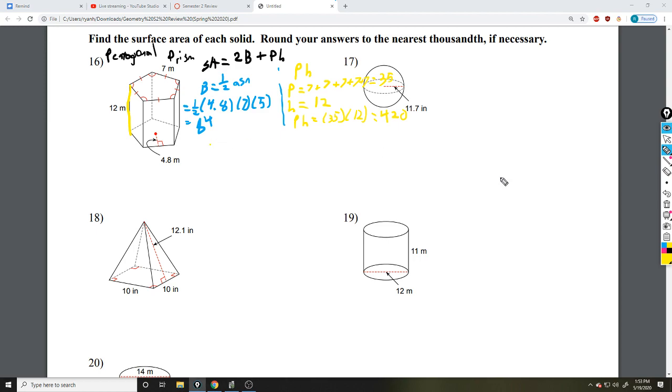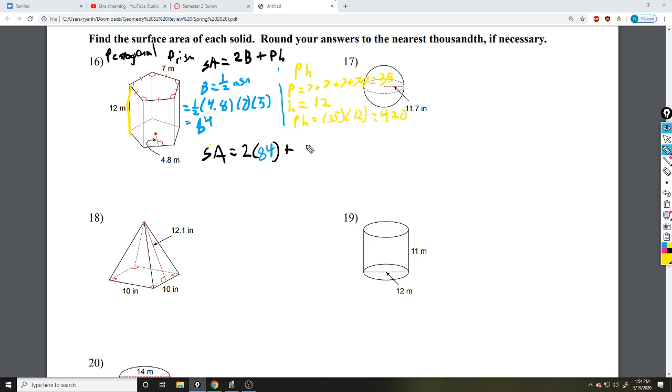So then when we go to our surface area formula, it's easier to plug in here. Surface area equals twice area of the base plus perimeter of the base times height. So twice our area of the base we found was 84. And then our perimeter times the height we found was this up here.